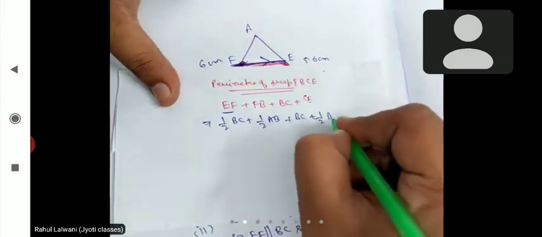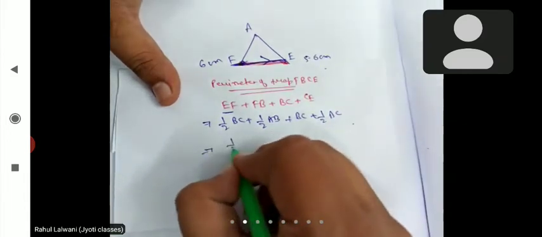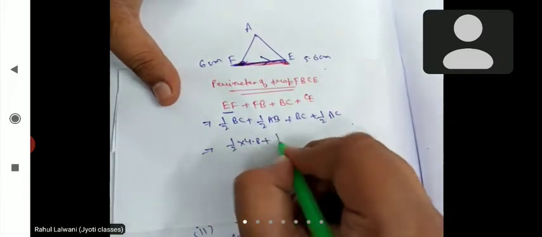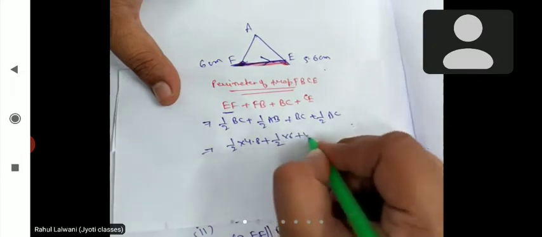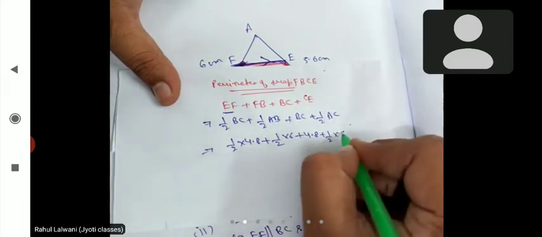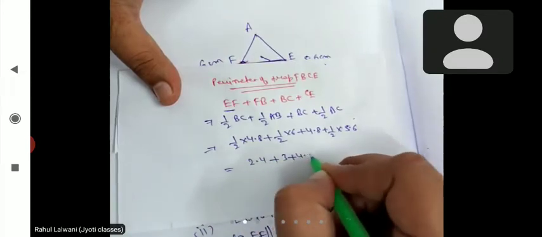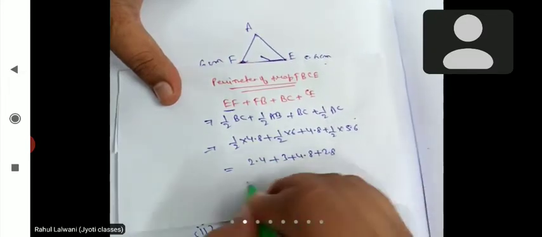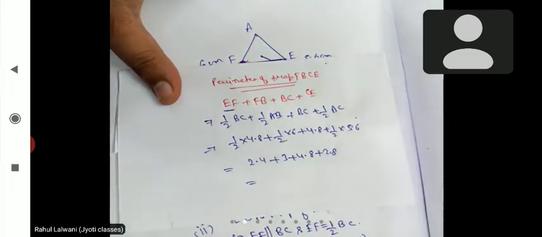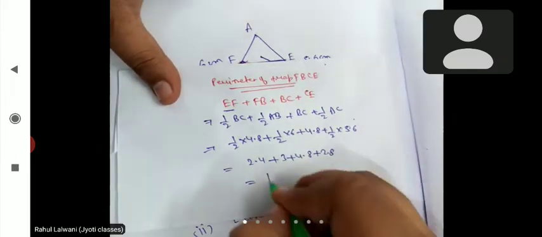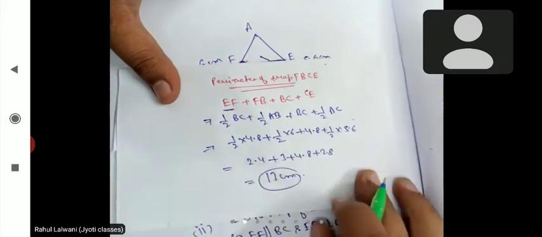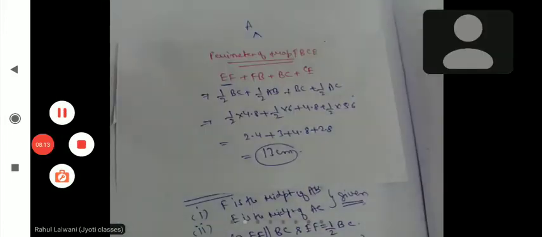So half BC plus half AB plus BC plus half AC, which is 2.4 plus 3 plus 4.8 plus 2.8. You add all these and you get the answer 13. So the perimeter of the trapezium is 13.